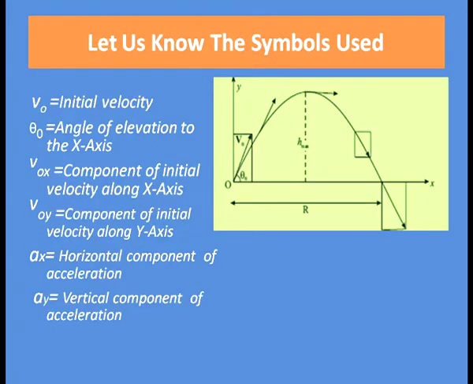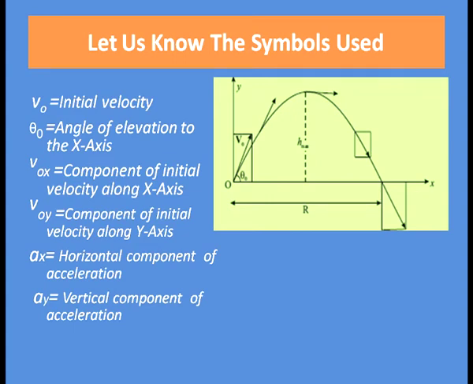Now, suppose the projectile is launched with an initial velocity v0 at an angle theta 0, which is known as the angle of elevation. Let us know what the symbols used are. v0 is the initial velocity. Theta 0 is the angle of elevation to the x-axis.